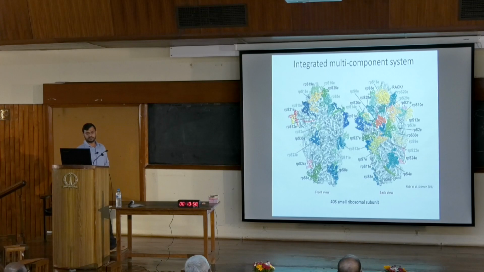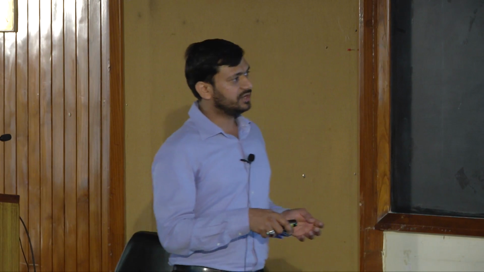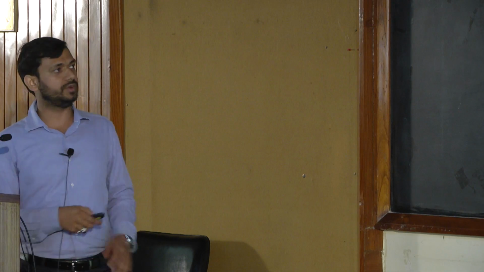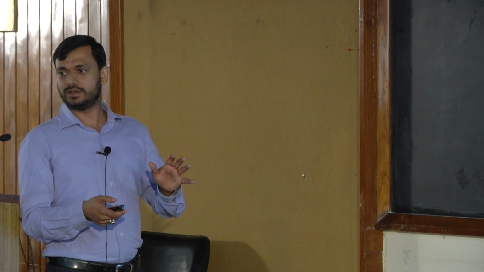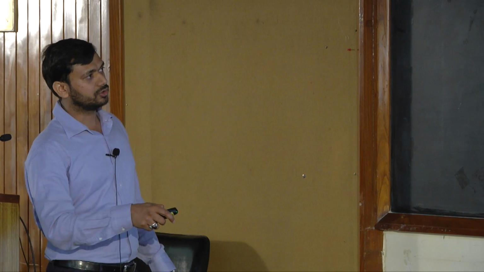So what the structure of just the 40S or the small subunit tells us is how the individual components are arranged. Just looking at this particular structure, it reveals the overall design of this machine or the macromolecular complex.